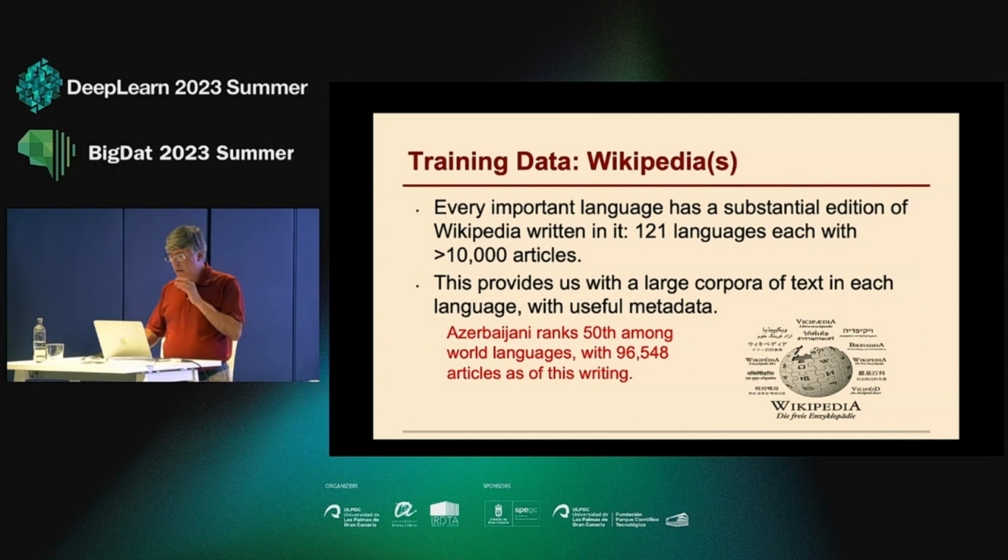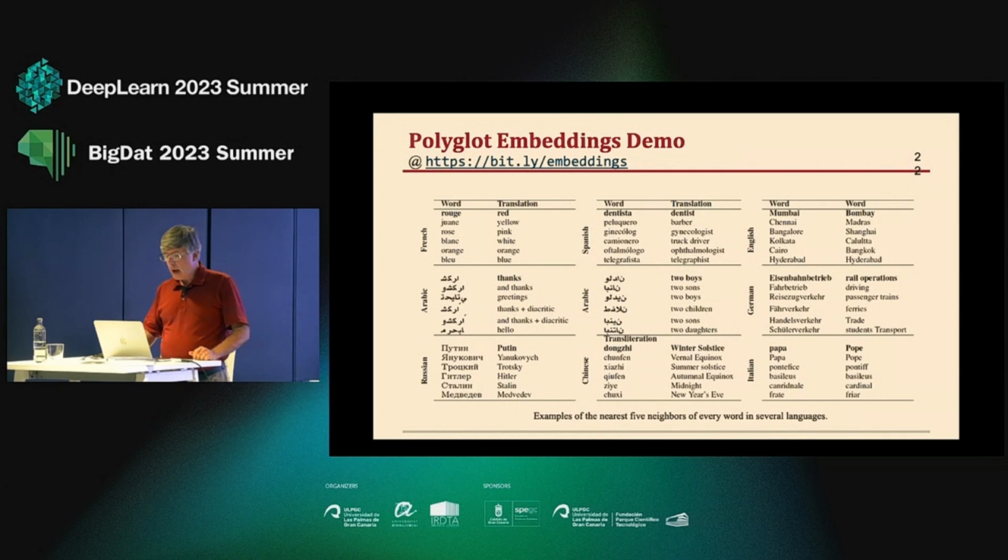So we could basically train a model for all the languages once we could train it on any one Wikipedia language. And the first step of this was, of course, to construct word embeddings for the words of any particular language. So what language are people speaking? I think we decided you guys are Spanish. Here, when we trained a Spanish word embedding, what were the words that were closest to dentist?